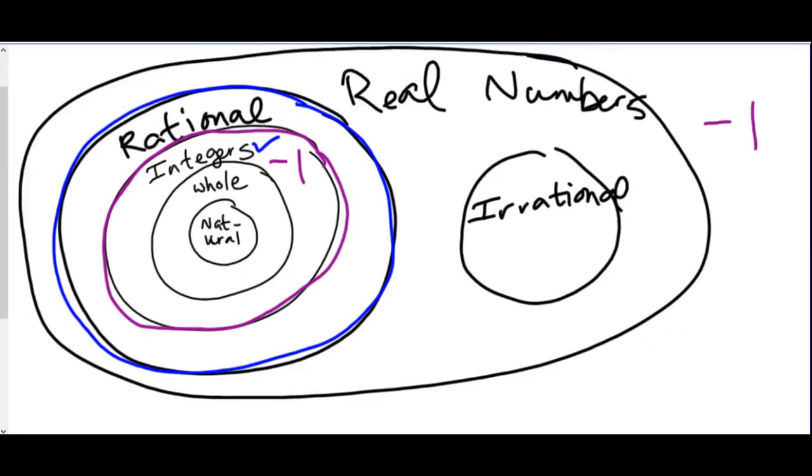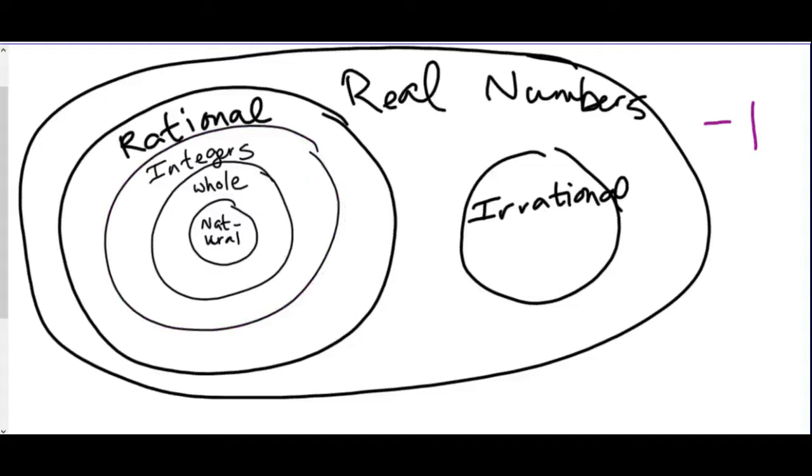Let me get rid of some of this so we can try a different number. Let's say we have 2.357. Okay, so that's a decimal. There is no pattern, but the decimal stops.